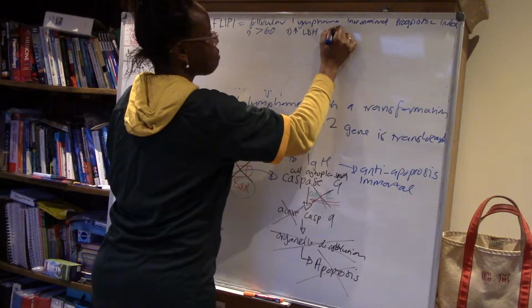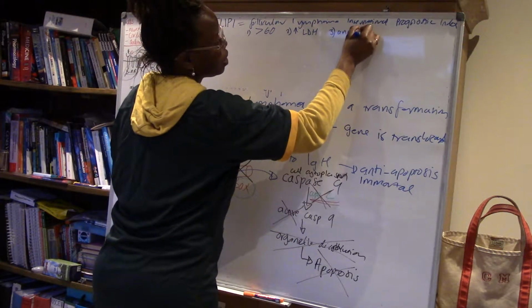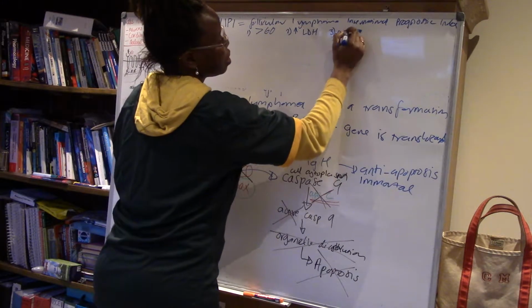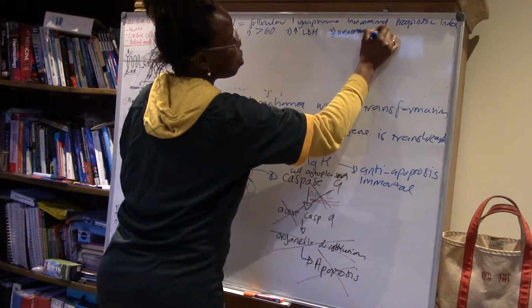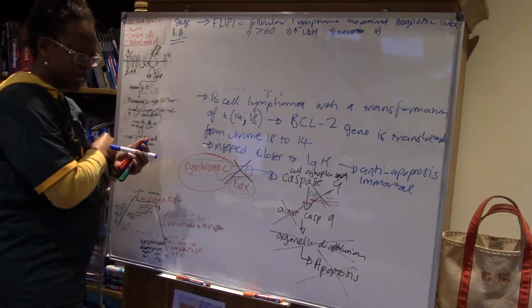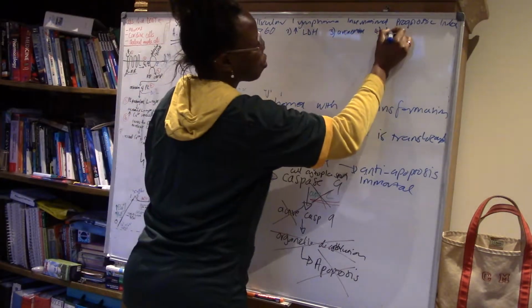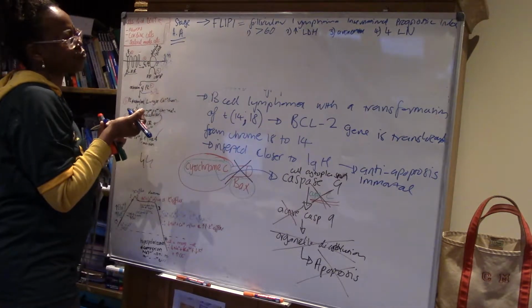If they have anemia or reduced hemoglobin, they get a score. If they have more than 4 lymph node involvement, they get a score.